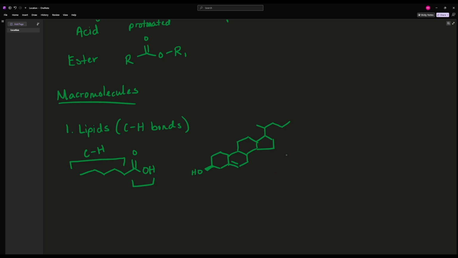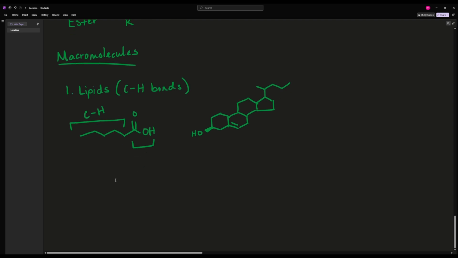Once again, notice the sheer number of carbon-hydrogen bonds. It is now cyclized. They are now forming rings. However, the majority of this is still carbon and hydrogen. That is the key you're looking for. These large sections of hydrophobic conditions or buildup.